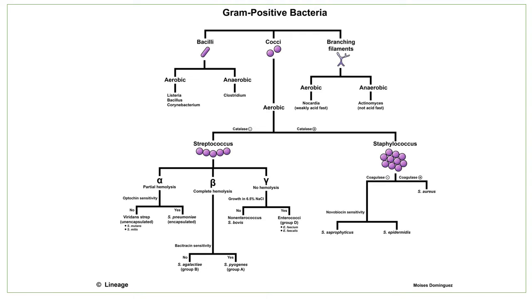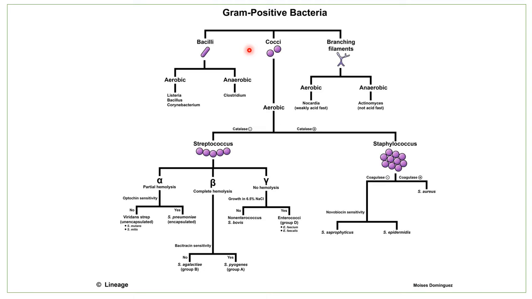So to simplify the identification of a given bacterial culture, these simplified charts are made. They are similar to the approach we are following using Bergey's manual, but here something is missing. What is that? Not each and every chart has a detailed list of biochemicals. So you can see here, in the case of gram positive bacteria, you have a gram positive bacteria.